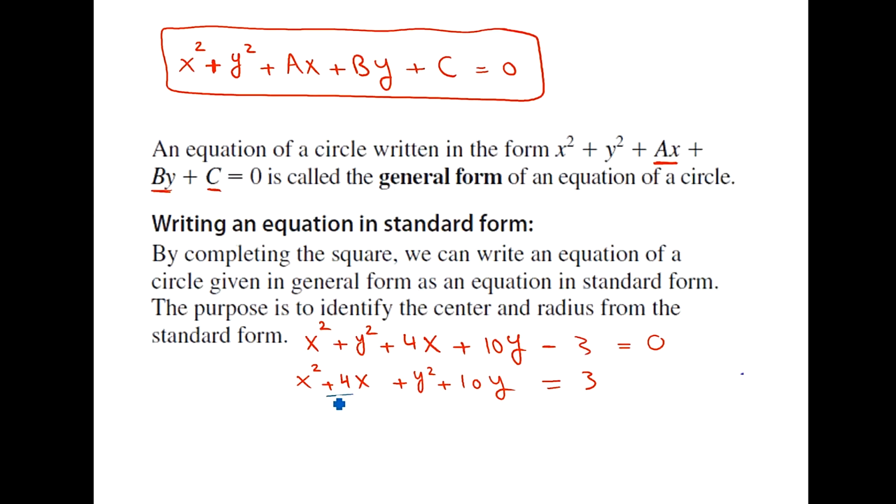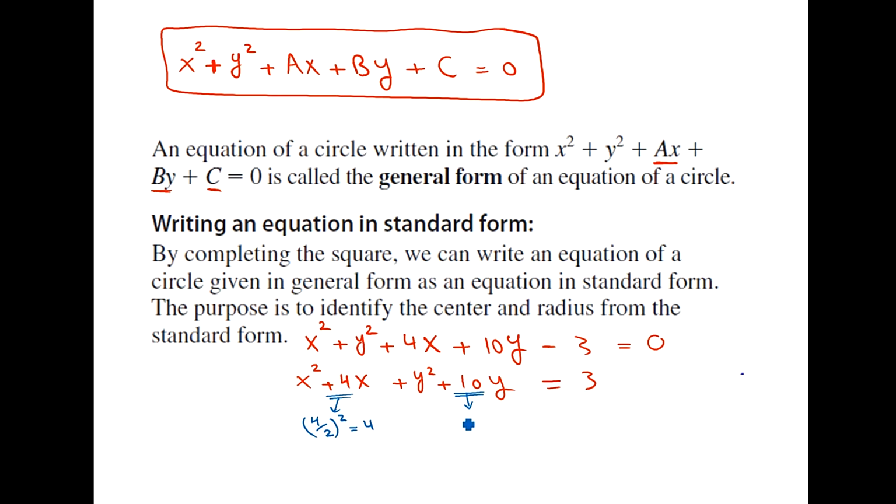Now look at this number 4. We always divide by 2 and take the square. 4 over 2 is 2, and 2 square equals 4. We do the same with the coefficient of y.